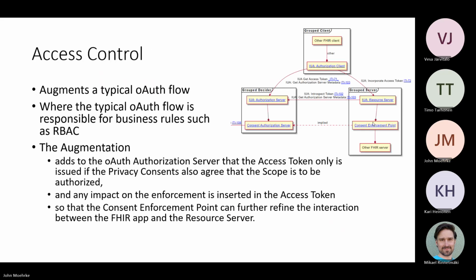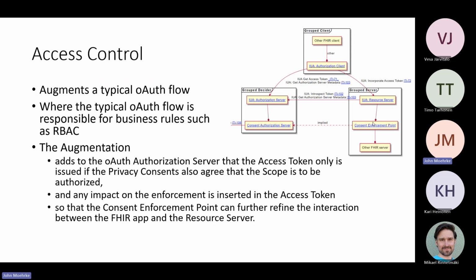So how does a consent impact access control? Well, we were augmenting the OAuth flow. Like I said, predominantly this is your normal OAuth flow. We don't really need anything specific in the OAuth flow.